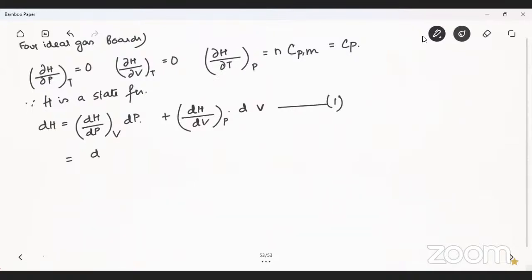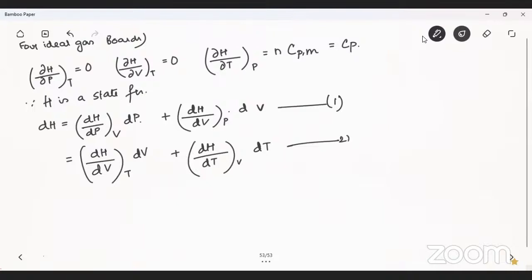Again, dH by dV at a constant T, with a constant volume. Whatever we are writing here, we will be writing here. Pressure, volume, volume, pressure, like this we will be alternating all the 3 terms. By dH by dT at constant volume, dT.